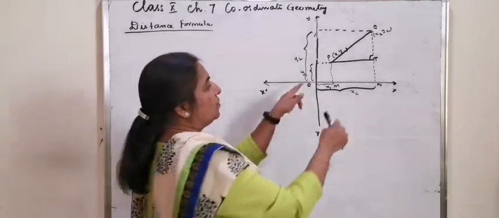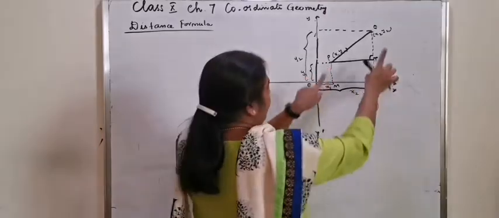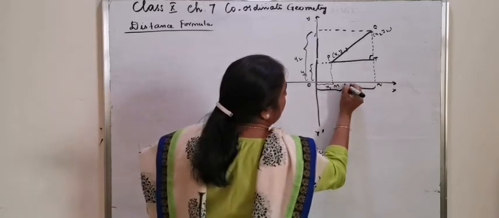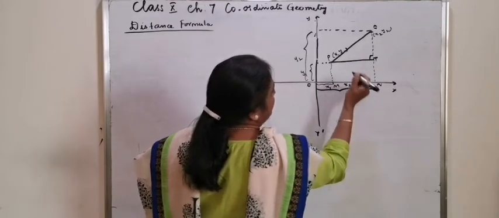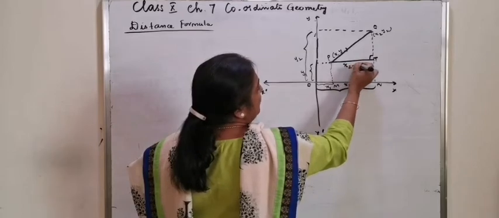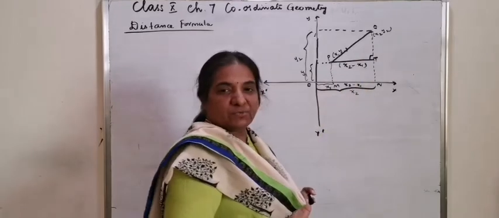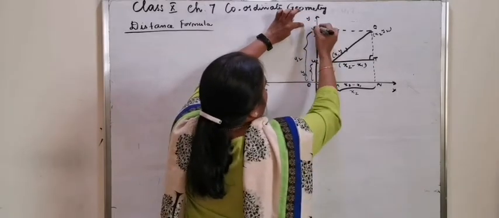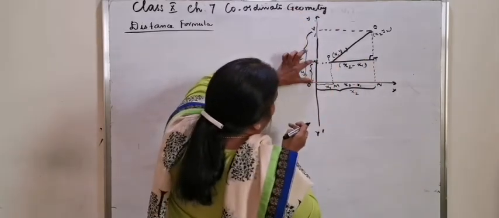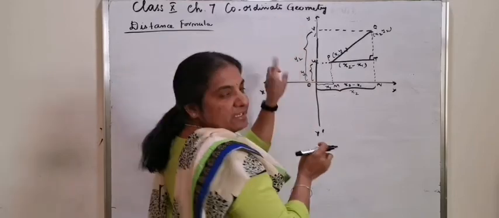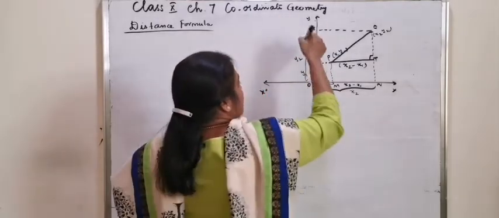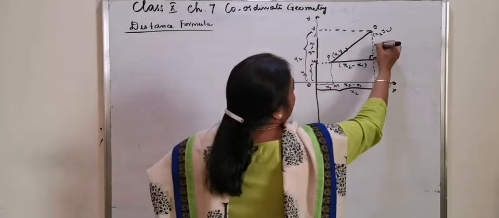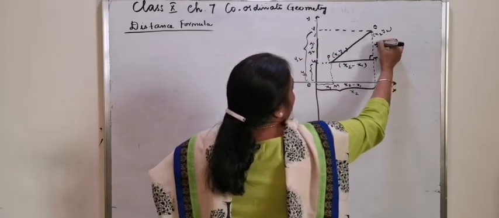Let's find out what is length PT. ON is x2, OM is x1, which shows that MN is x2 minus x1. Therefore, PT also corresponds to x2 minus x1. Similarly, the distance OU is y1 and OV is y2, which shows that distance UV is y2 minus y1, or it corresponds to QT also.